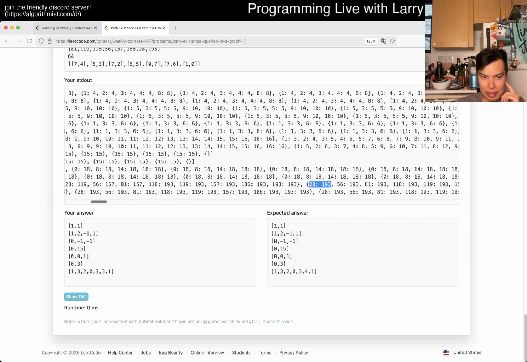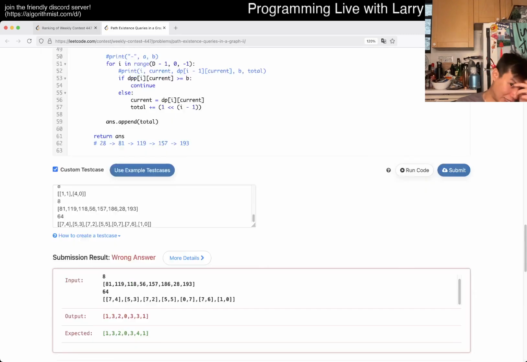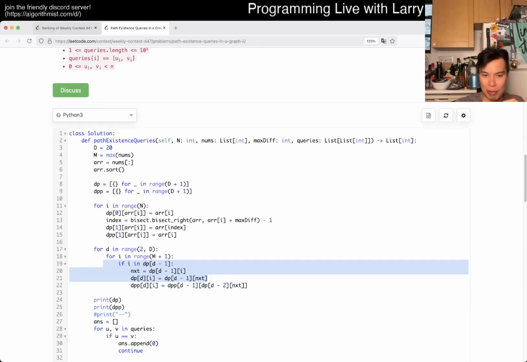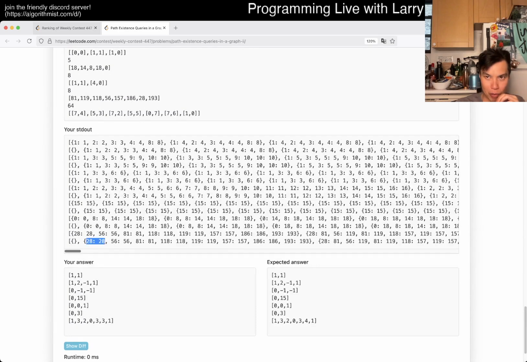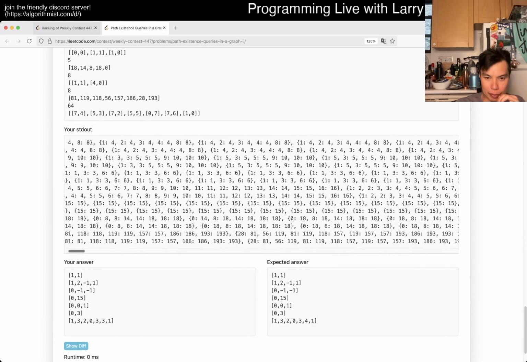But okay, so the D. Oh yeah, this part I actually okay. This part I could see why I'm wrong, or possibly I'm wrong, because I didn't really think about it that much. So this gives me a number and then do it dp minus 1. I feel like this should be right, but maybe I'm wrong here. Okay, so 1 step, 3 step is 81. Is that right?